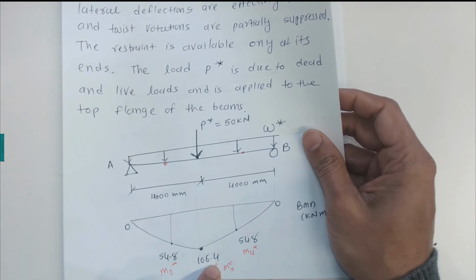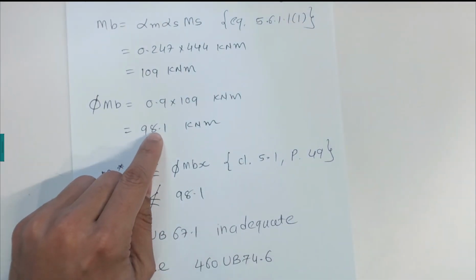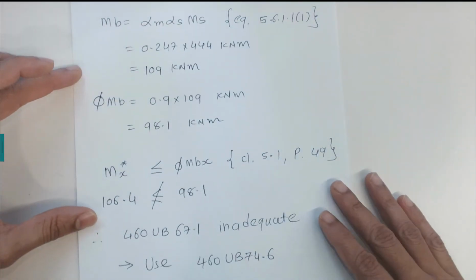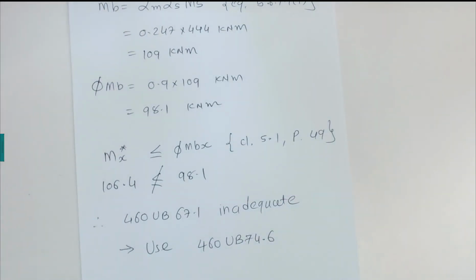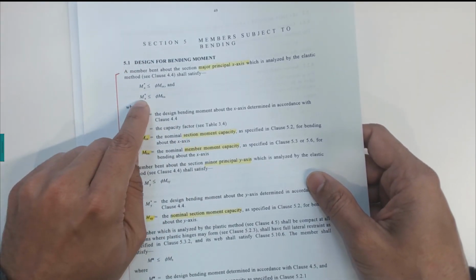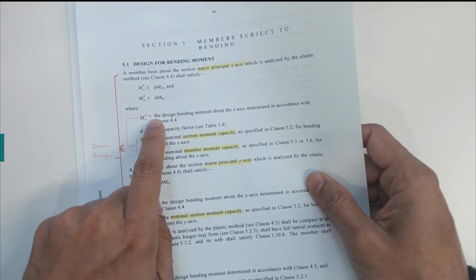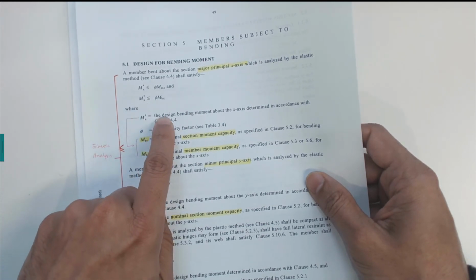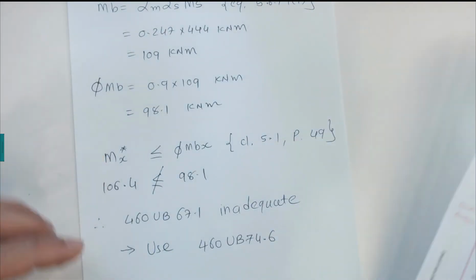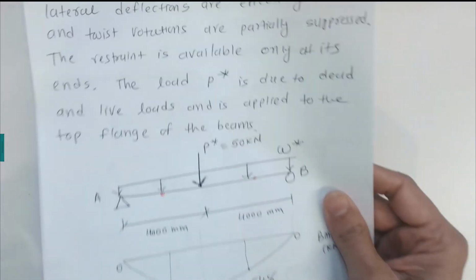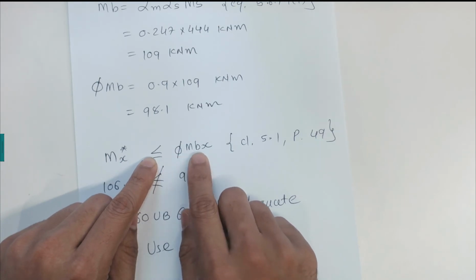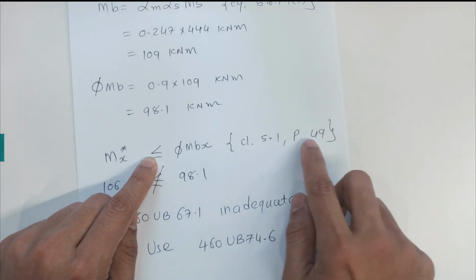So we should get this value more than 106.4, and only then is the condition satisfied. The Australian Standard, on page number 49, clause 5.1, says that Mx star, which is coming from the design bending moment about the x-axis, that is 106.4, should be less than phi Mbx, which we calculated.